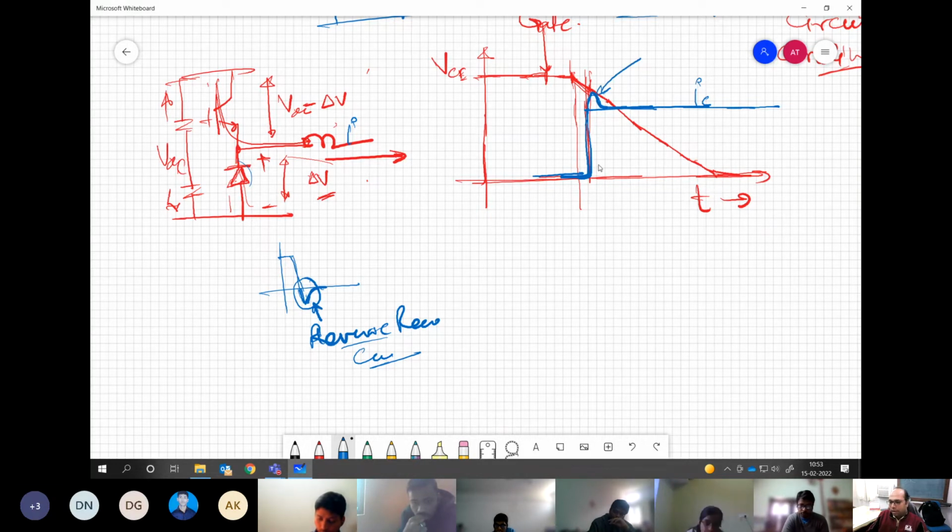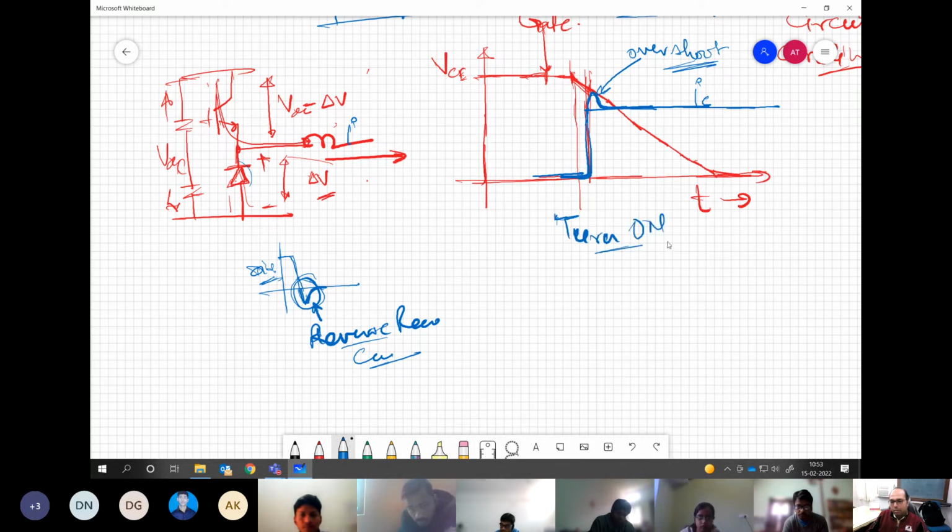Now this is strange. Generally we have seen overshoot on the voltage, but this is something like overshoot on the current. This happens because of the reverse recovery, what is happening in the diode. This is the turn on characteristic. You understand my point?